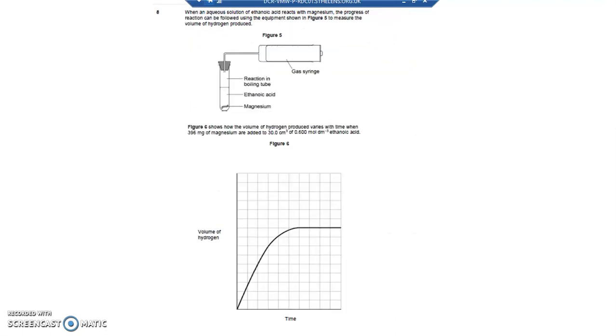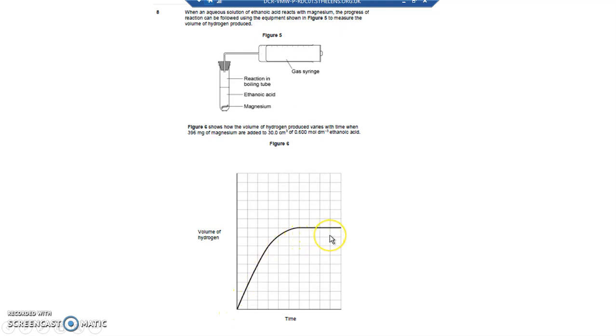So proportionately, if these went up in 0.02s, 0.02, 0.04, 0.06, 0.08, 0.10, 12, 14, 16, 0.018, then 0.016 would go up to this graduation here. So my graph will go up to this line.